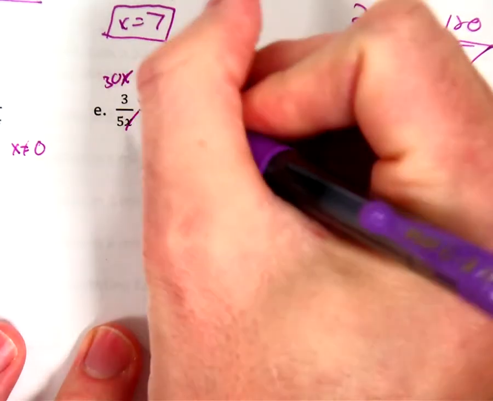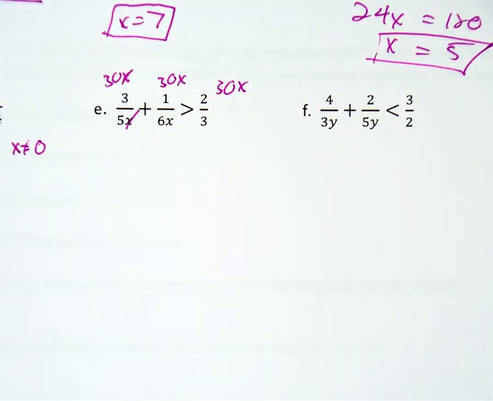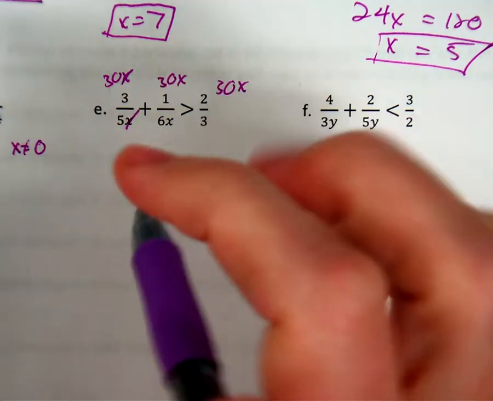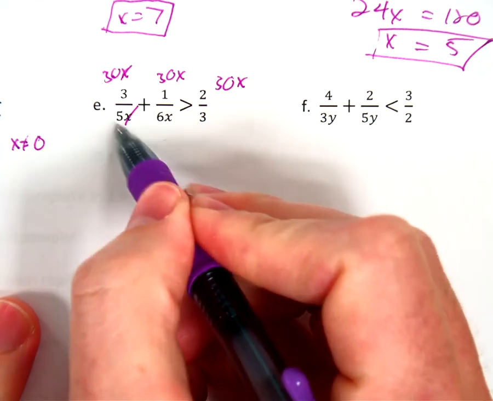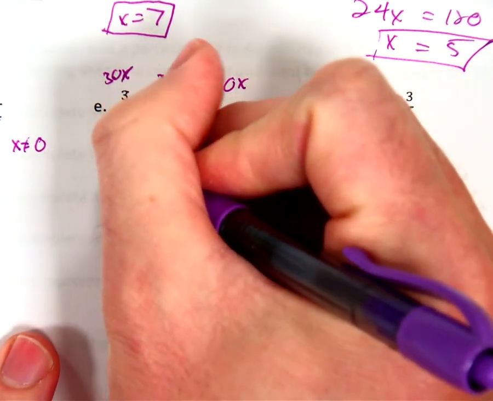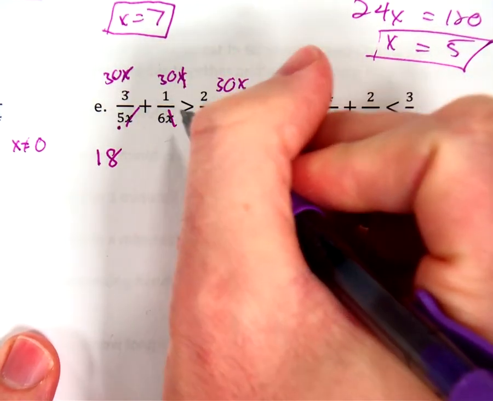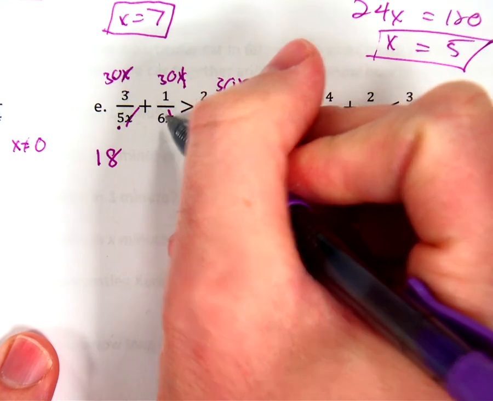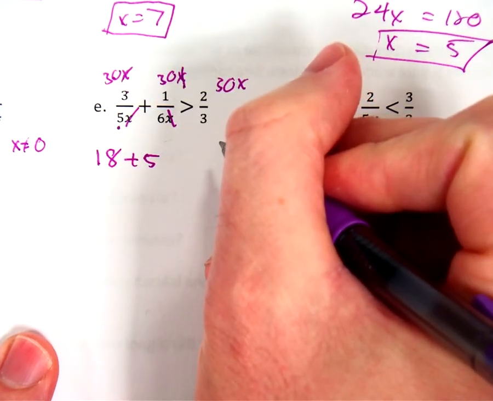So the x's cancel here. 30 times 3 is 90. Divide by 5 should be 18. Another maybe easier way to do that was 30 divided by 5 first. 6 times 3, 18. Much easier, right? X's cancel. 30 times 1, 30 divided by 6 is plus 5. So this is a pretty nice one.